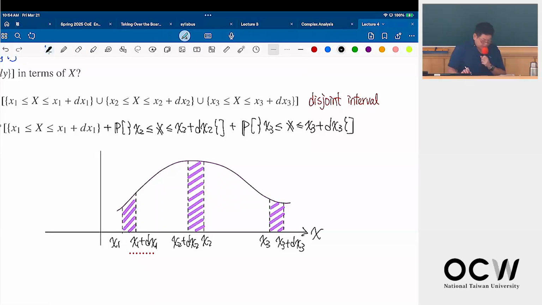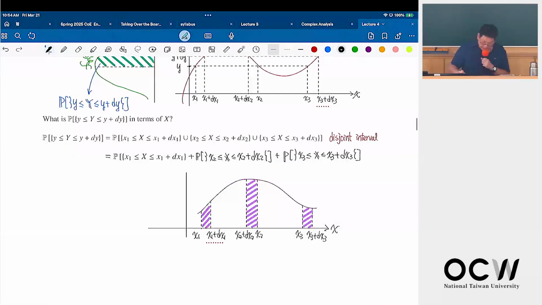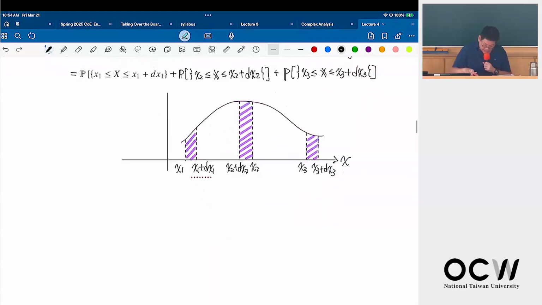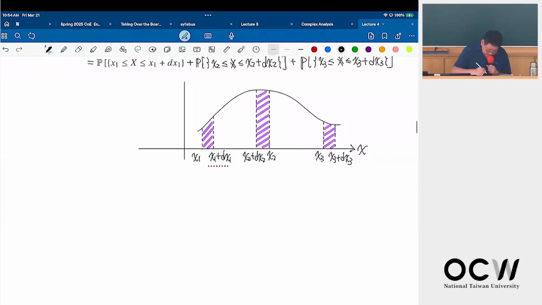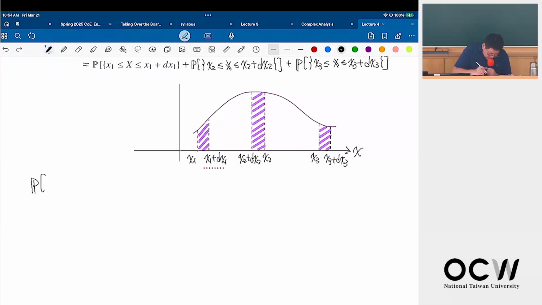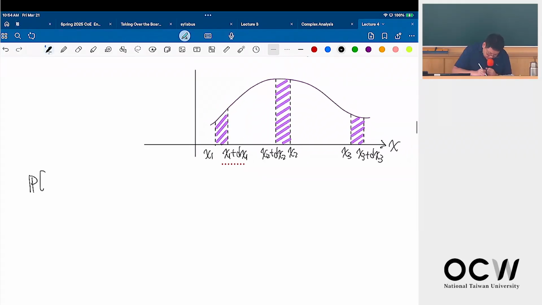Okay, so I want to find those regions. First, for this probability, that is the probability that the random variable y is between y and y plus dy.